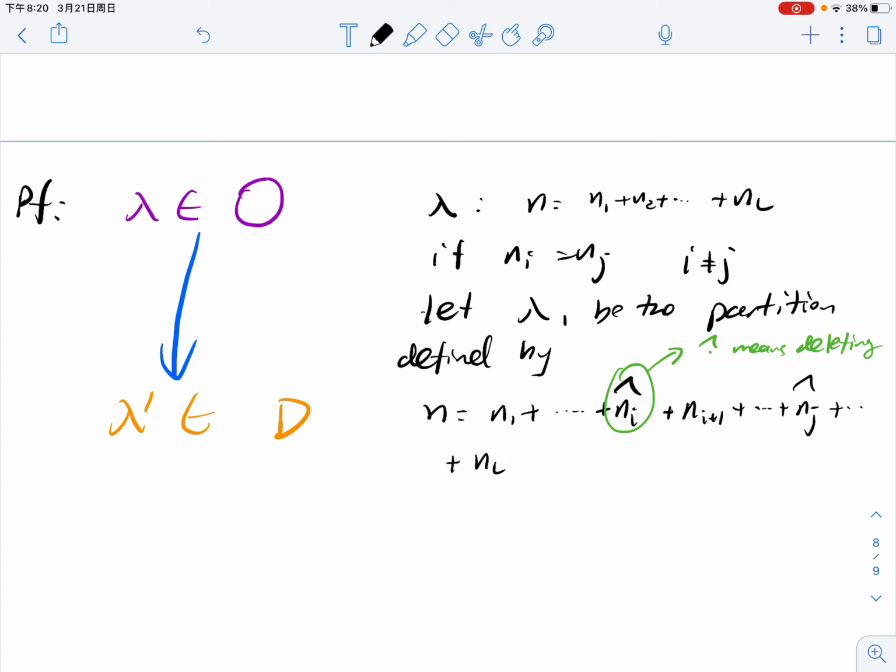Note that if you do this, you are missing part of the sum. For it to still be the same partition of n, you need to put in an extra term, which will be 2ni.